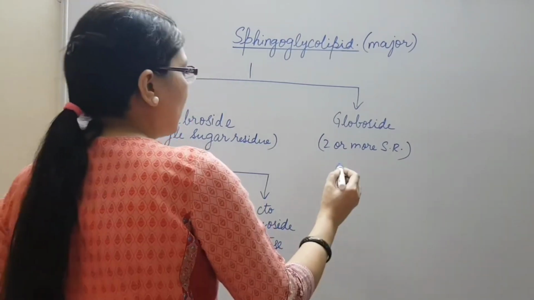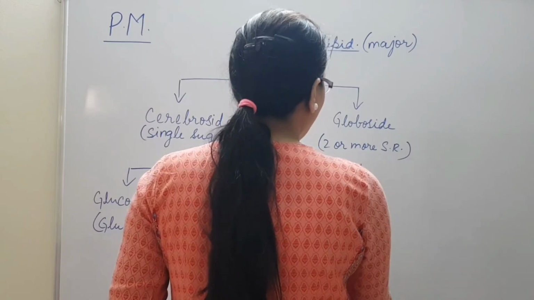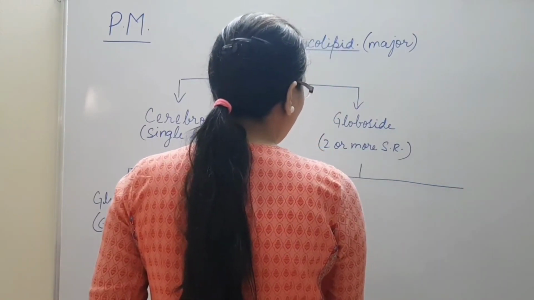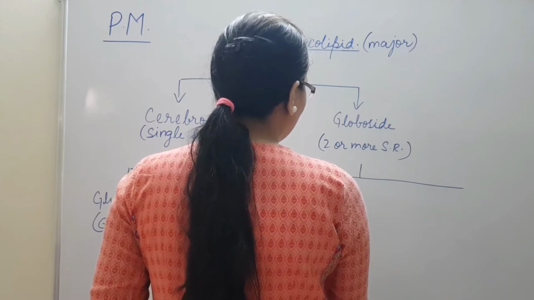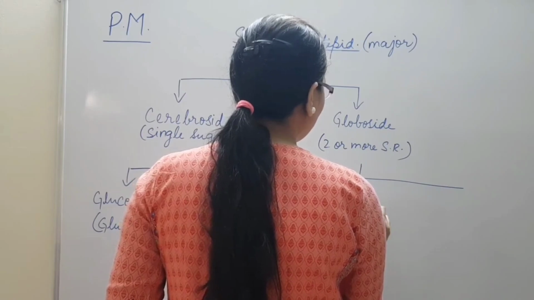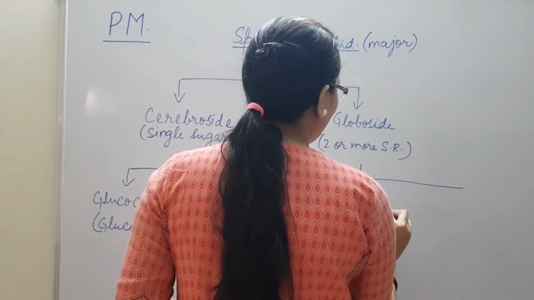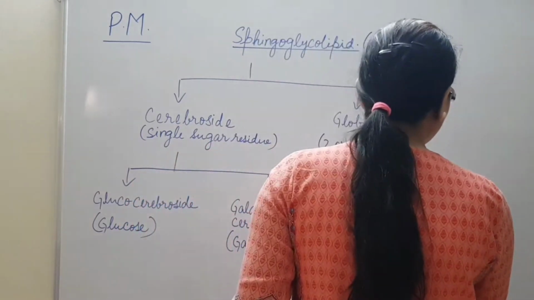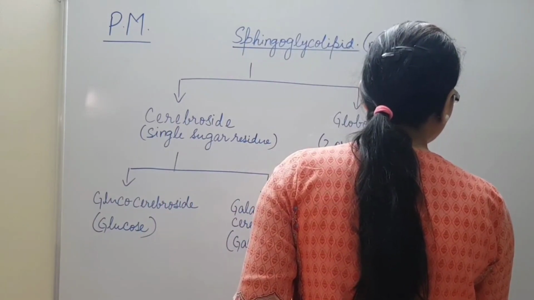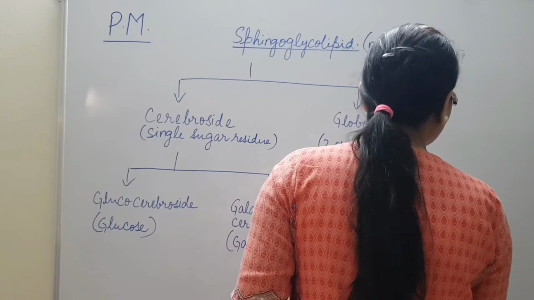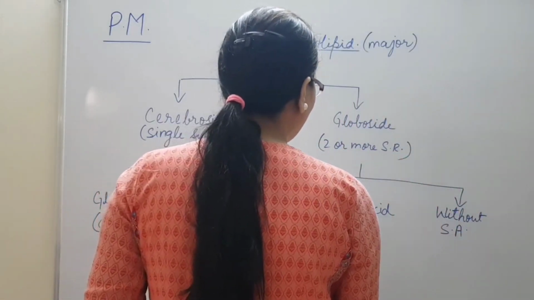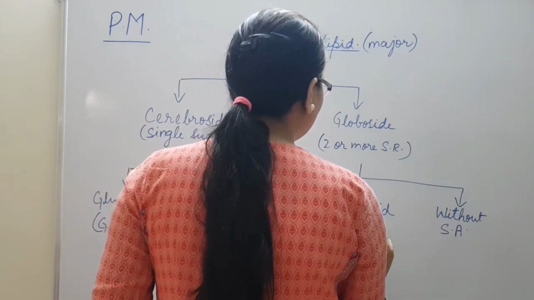Then globoside. This globoside can contain sialic acid, and it can be without sialic acid. If it is with sialic acid, then it is known as ganglioside.